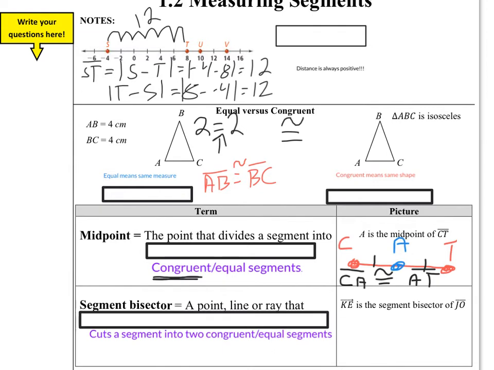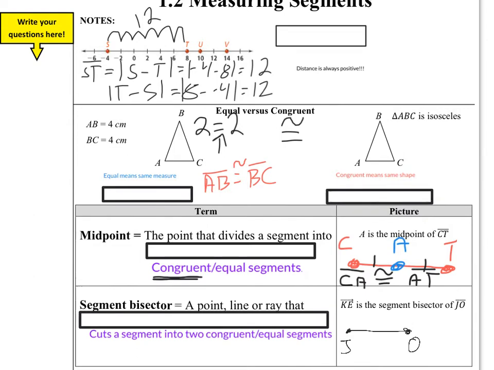So let's look at a picture here. We have KE is the segment bisector of JO. So if we had to draw that, we're going to start by drawing our segment. So here I'm going to have point J and point O, that's our segment.